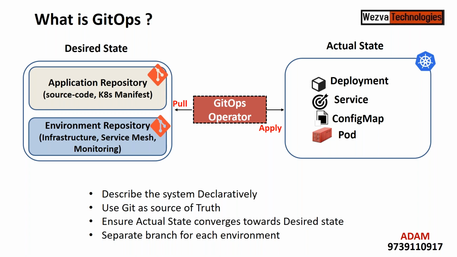So I can tell the GitOps operator that, look, for the dev cluster, you have to monitor the dev branch. For the production cluster, you have to monitor the master branch. So that way, you can use a single operator to specify what to monitor from the Git repository with respect to a branch and to which cluster it has to apply. So pretty much the credentials, whatever you have to do, will be separated.